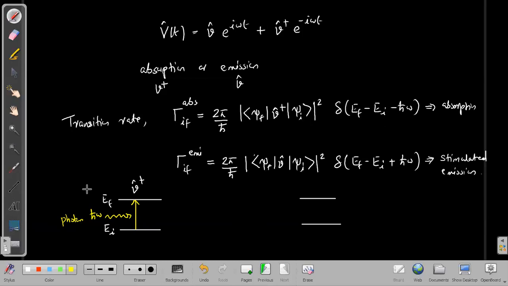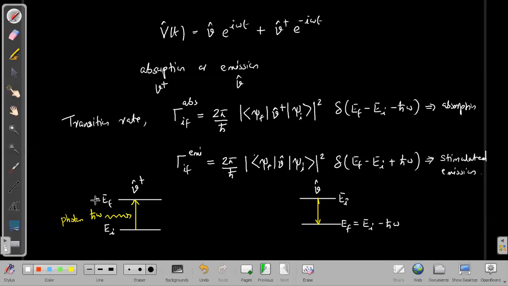Okay, now the term V gives the transition from the initial energy to the final energy. So there is a reduction in energy, and EF is equal to EI minus H cross omega.